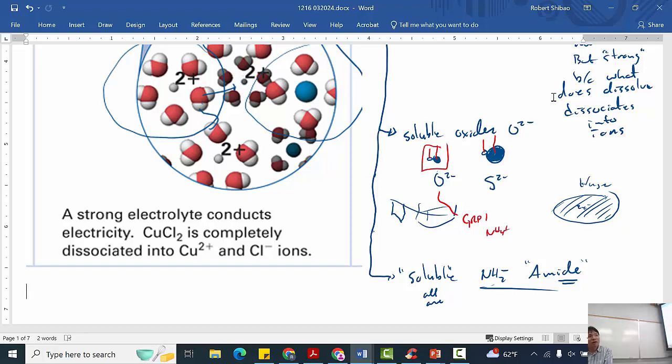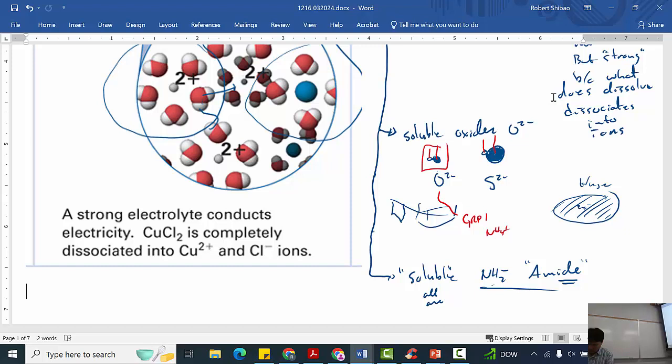Take a look at the bottom right of that chart up on the board. Do you recognize the ion on the bottom far right? What's the thing on the furthest right? NH2 minus. What's that called?